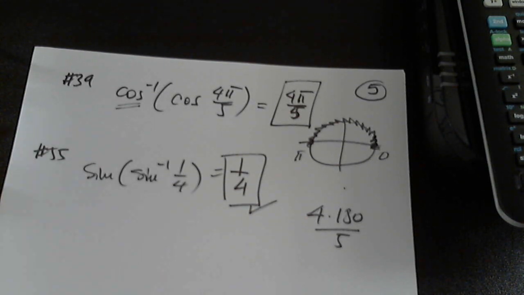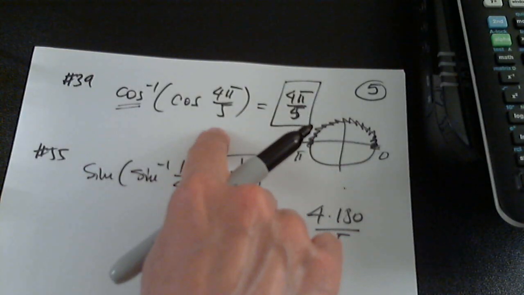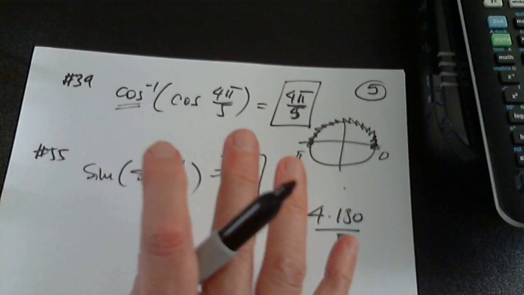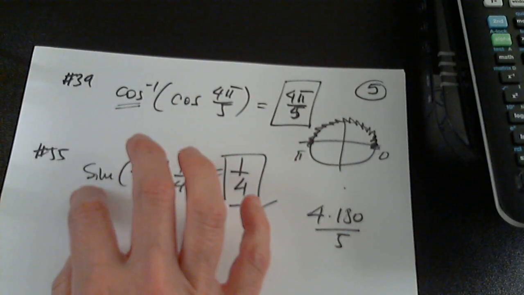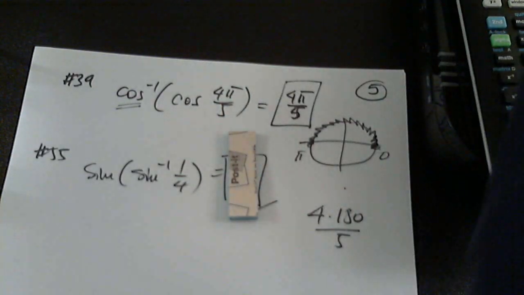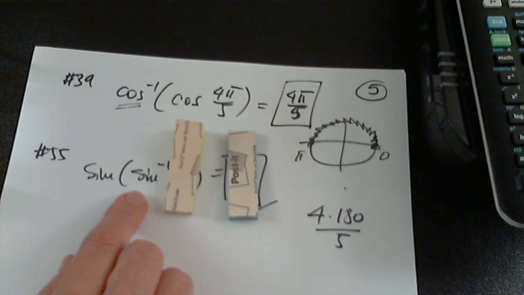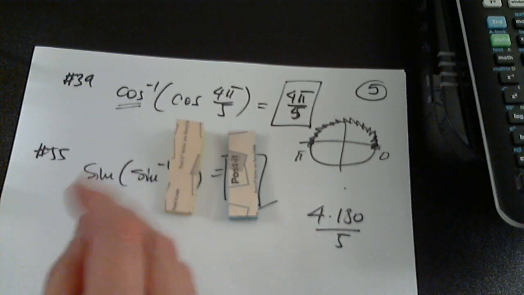Any questions? Could you explain that one more time, please? This one or this one? 55. Very good. I applied the function to the function inverse. These two have to cancel their effect on each other.